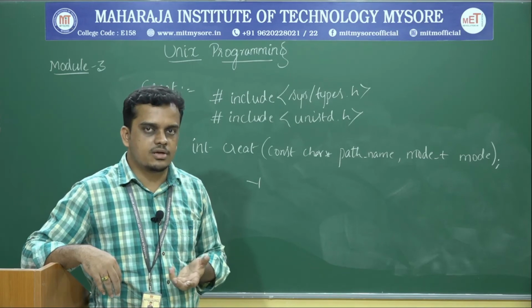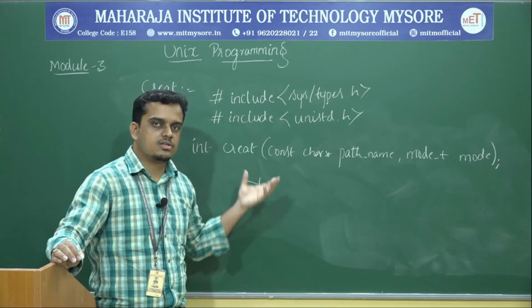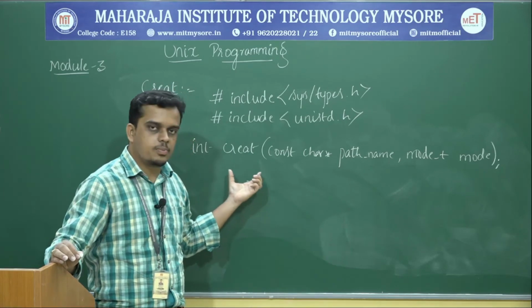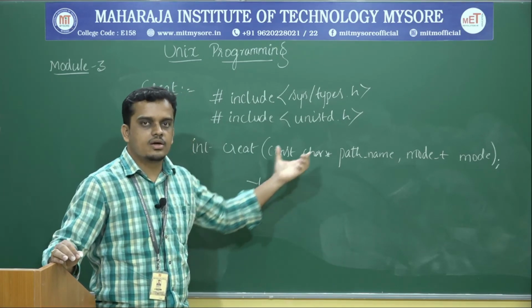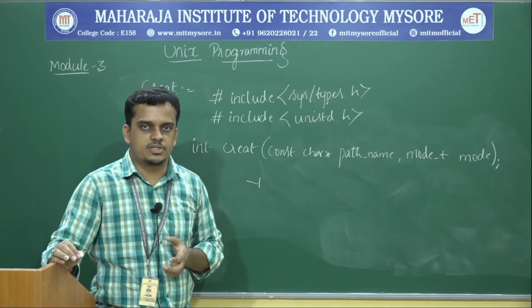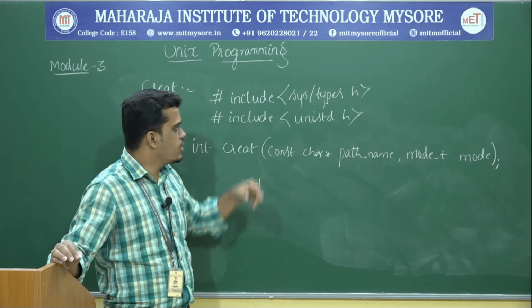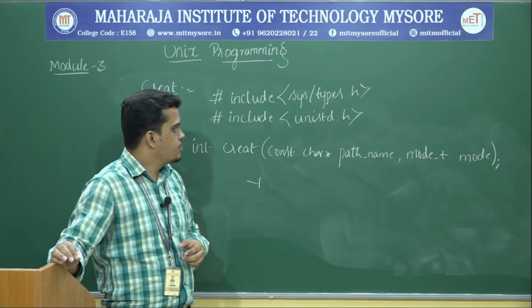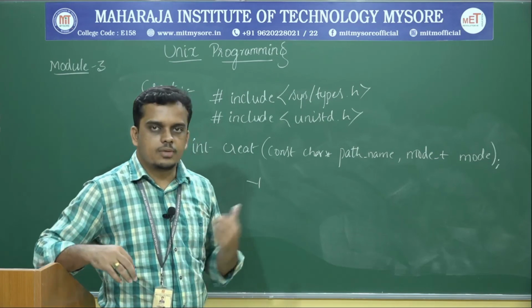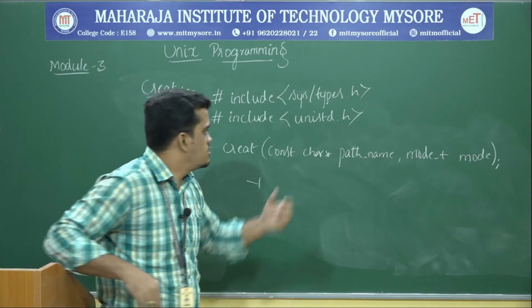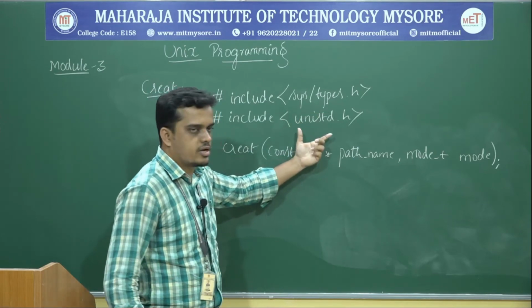In all other cases, the return value is a positive integer, which stands for the create API having successfully created the file with the appropriate mode specified. Now you can observe the two different header files used over here, that is sys/types.h and unistd.h.